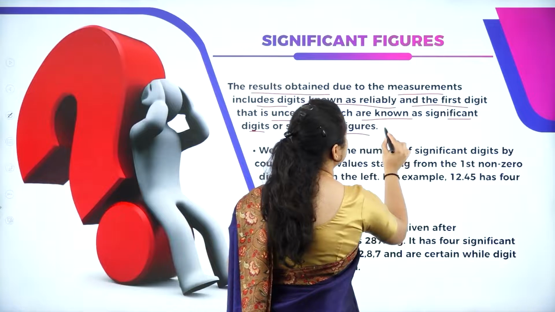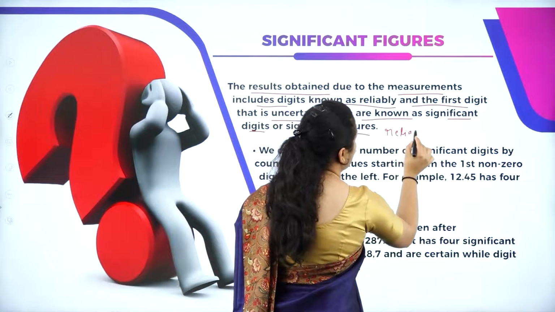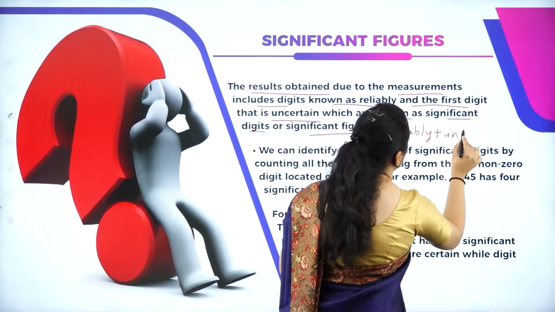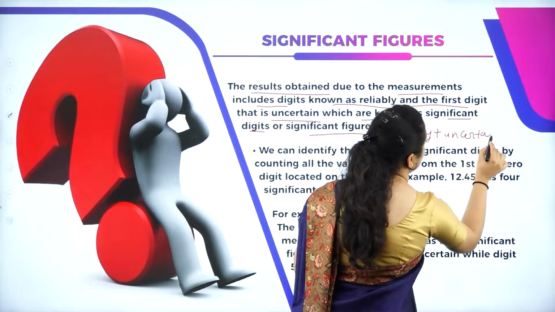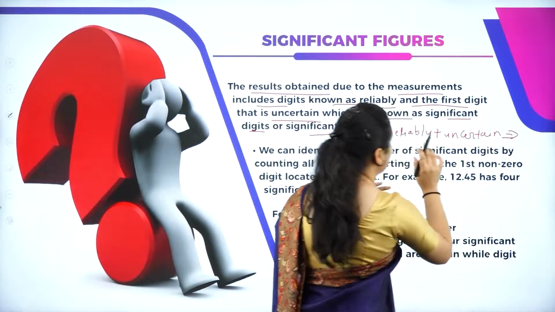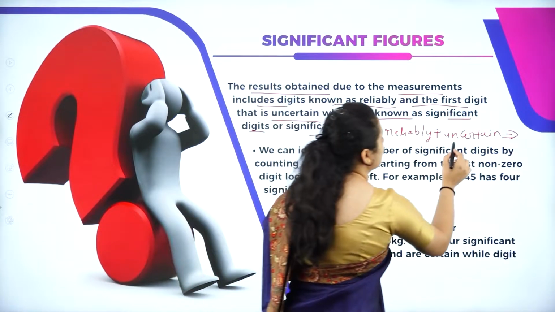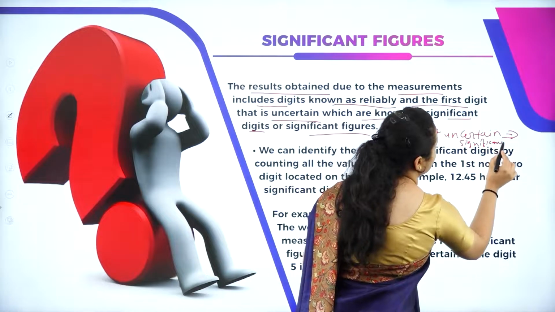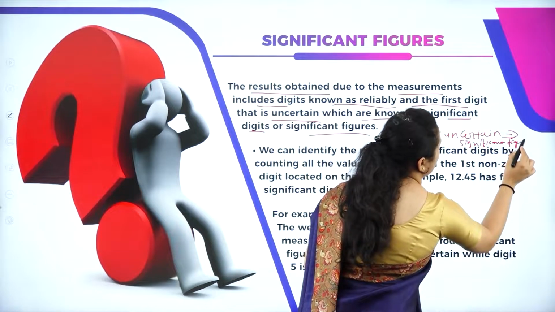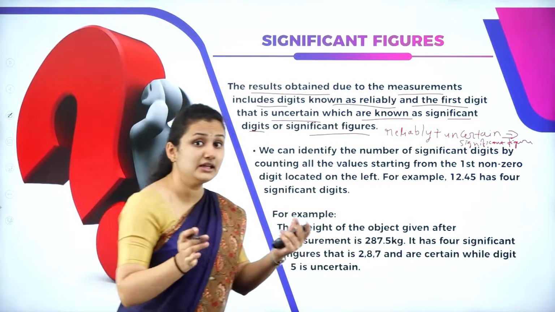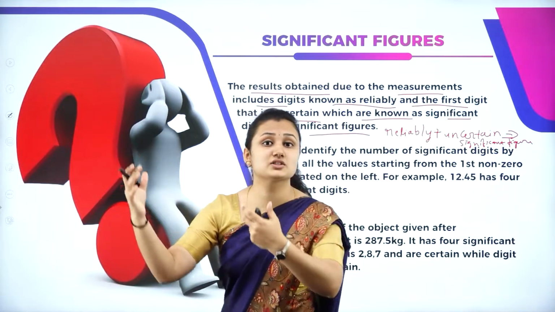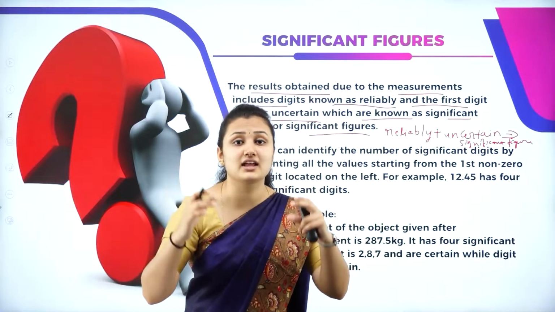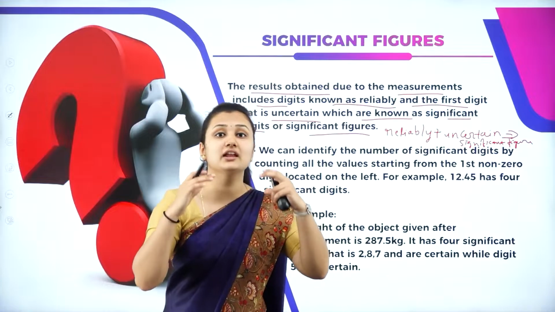So I can say reliably plus uncertain gives me my significant figure. So reliably plus uncertain give rise to significant figures. Carefully analyze and understand what you mean by significant figures.